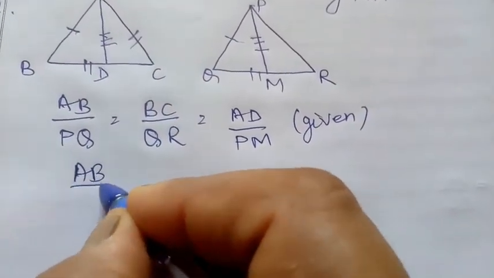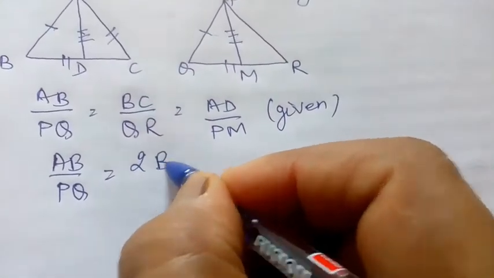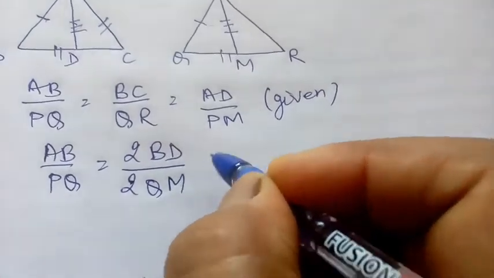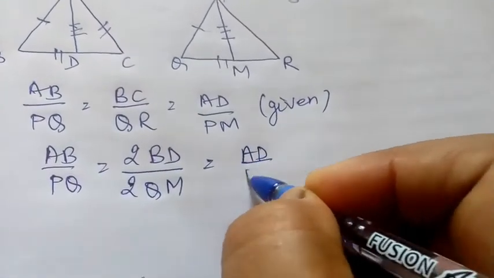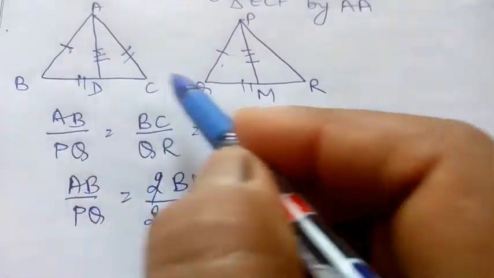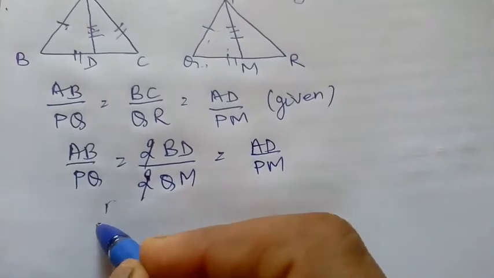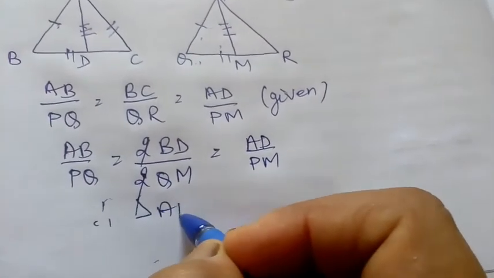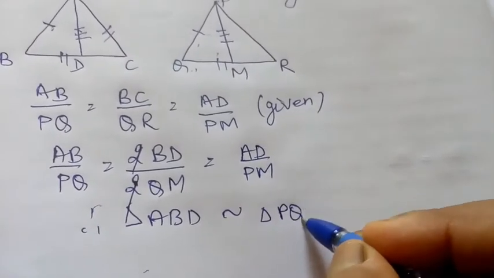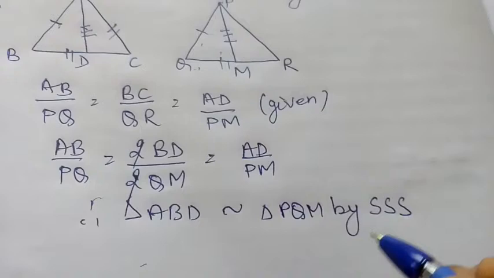Then AB upon PQ, BC equals 2 times BD, because AD is a median, equals 2 QM, and AD upon PM. The 2 cancels. So AB upon PQ equals BD upon QM equals AD upon PM. It means triangle ABD is similar to triangle PQM by SSS criteria.